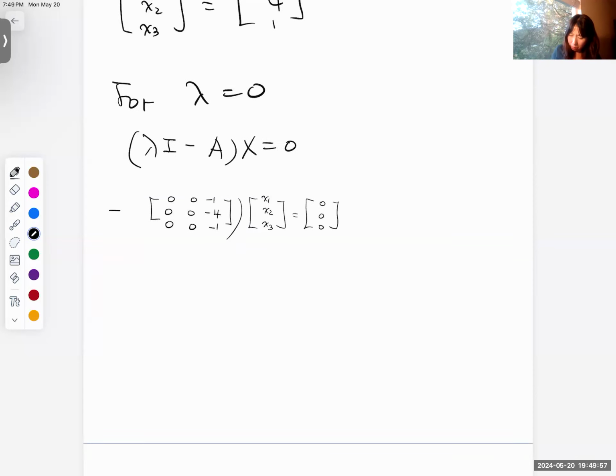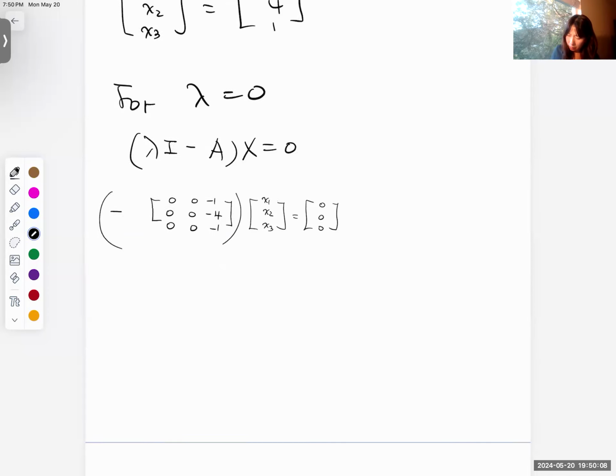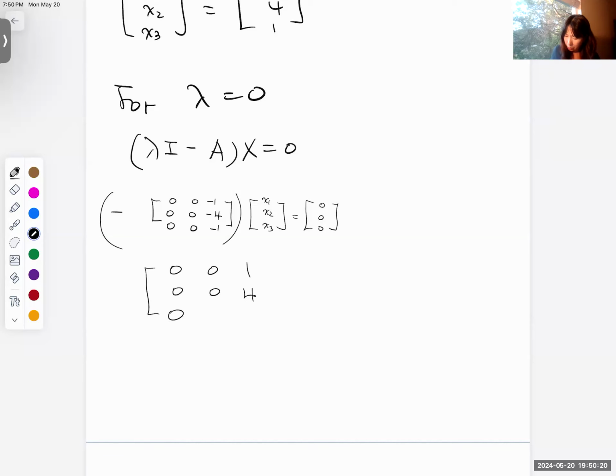Didn't we do this one earlier? So we have 0, 0, positive 1, 0, 0, positive 4, 0, 0, positive 1. And we have x of 1, x of 2, x of 3.